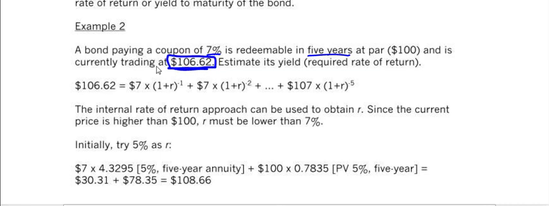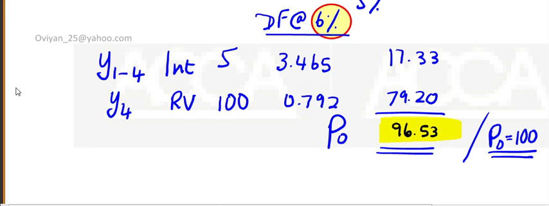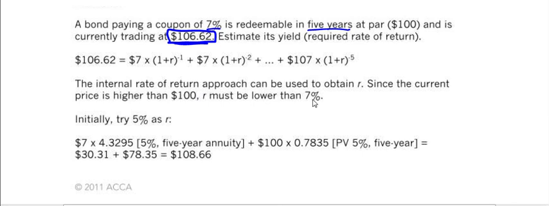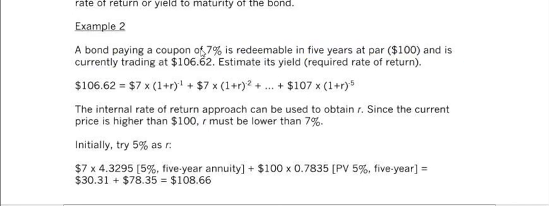Remember, if you want to find yield, you must have a price, and if you want to find the price, as in example 1, you must have the yield. Either way, you must have one of those items. So here it says the bond pays a coupon of 7%, redeemable in 5 years' time at par, and is currently trading at 106.92.